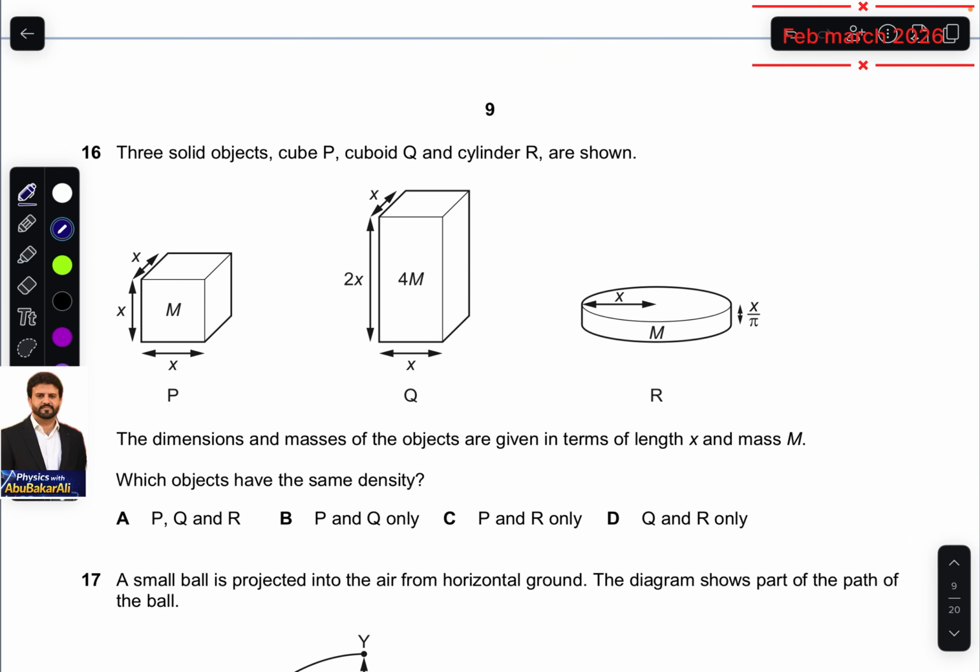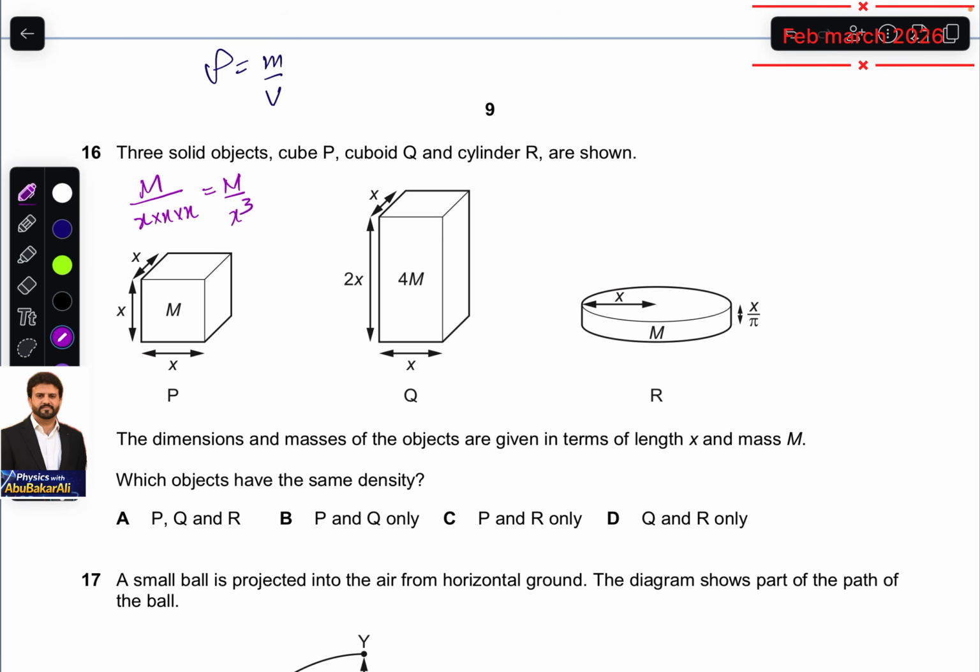Question 16. Three solid objects P, Q, and cylinder R are shown. The dimensions and mass of the objects are given. Which objects have the same density? We know density is mass over volume. Let's solve them. For this one, it will be m over volume, which is x times x times x, so m over x cubed.